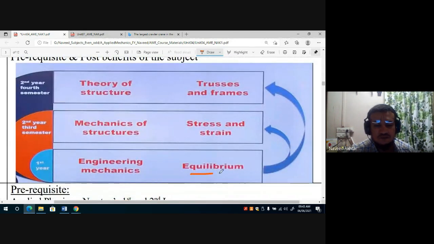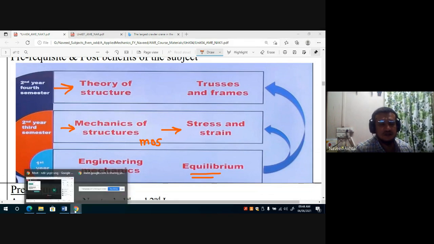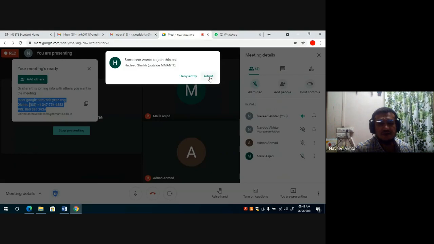It also helps in the second year, third semester subject, mechanics of structure, generally known as MOS in short form, and the stress strain. In that you can apply this law of equilibrium. Then theory of structure in the fourth semester of your second year.